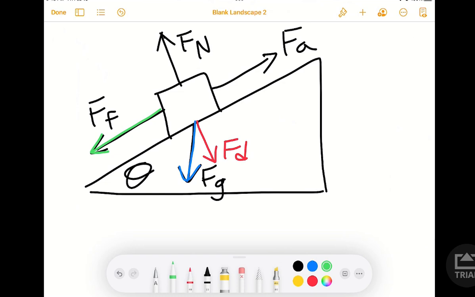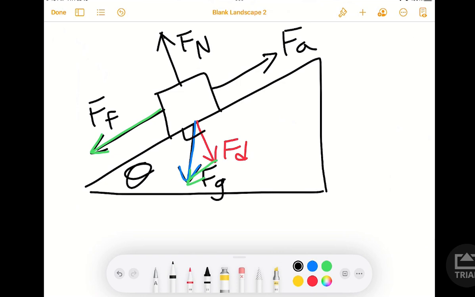Now, we have a little thing we can do here. The green arrow, the force of friction, we can also draw down here. It would be running parallel, so these would be the same directional forces. And this is important because now we've created a small triangle underneath with the red, blue, and green arrows.